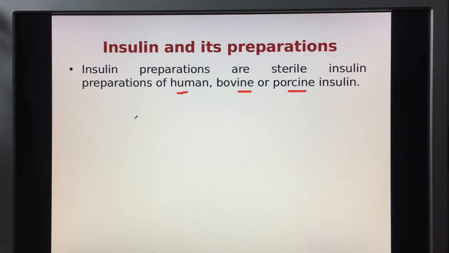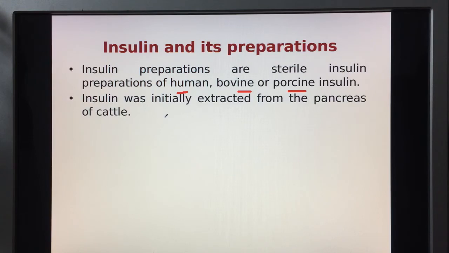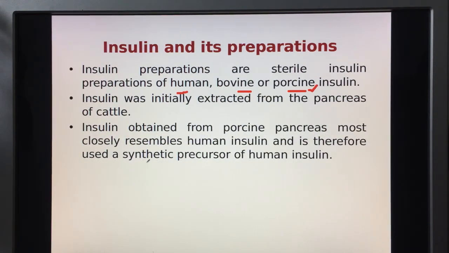Initially insulin was extracted from the pancreas of cattle, and the insulin obtained from the pancreas of pigs closely resembles human insulin, and therefore porcine insulin is used as a precursor for human insulin.